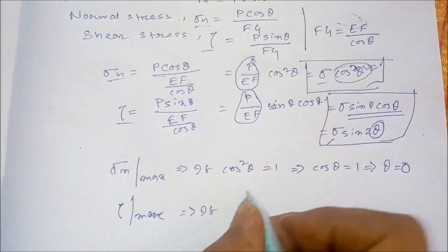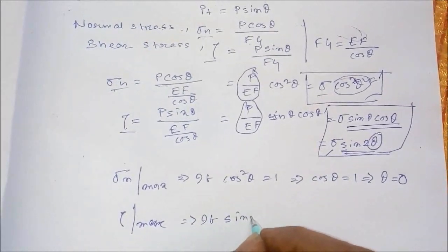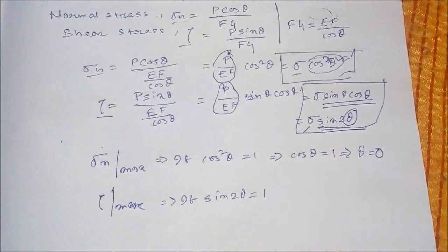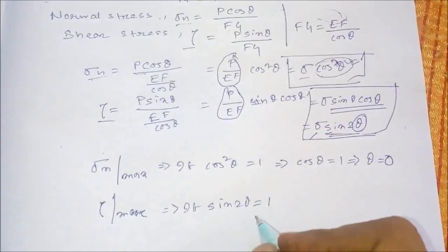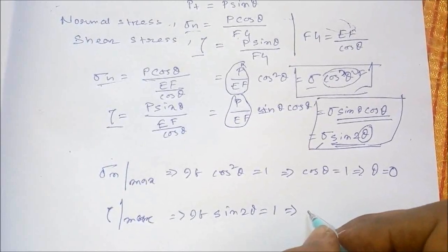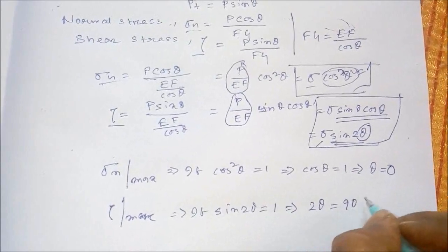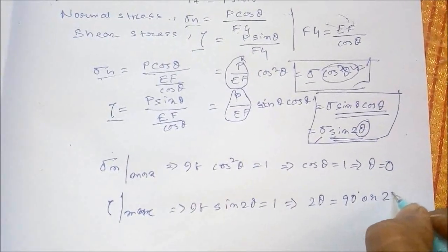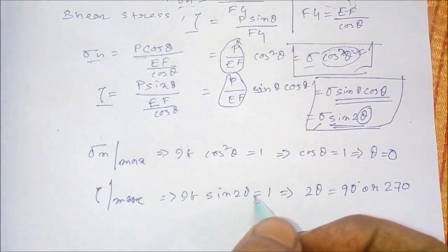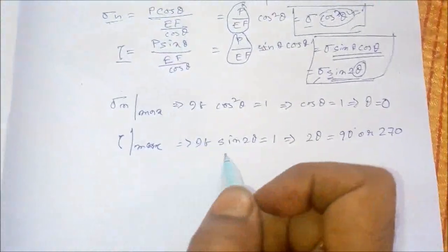And the value of tau will be maximum if this value sine 2 theta is equal to 1, right? That means if the value of 2 theta is 90 degree or 270 degree, because at 270 degree this sine is also 1, minus 1, but the maximum value will be there.